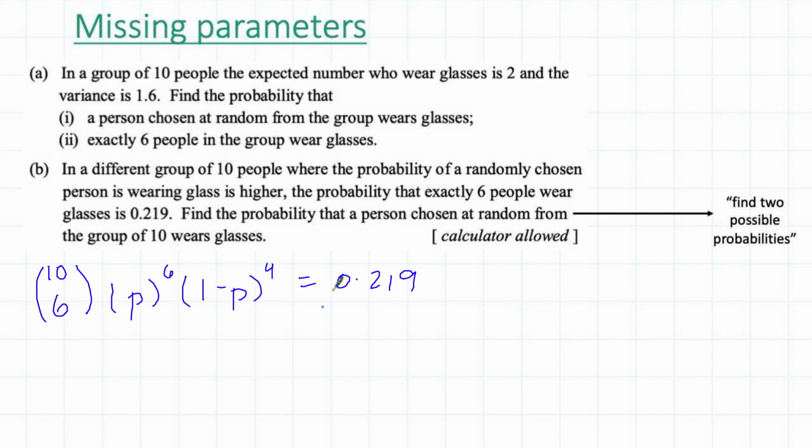So how do we find the possible values of p? In this case, you're allowed a calculator. So how do you compute it? Well, you write this in y1 and y2, find the intersection, but you need to adjust the window. So every time things are missing in binomial distribution, rely on the formula for the binomial distribution to help you solve these questions.